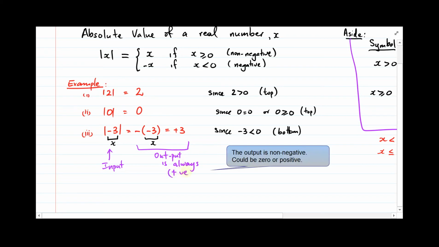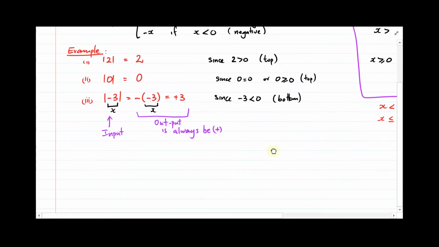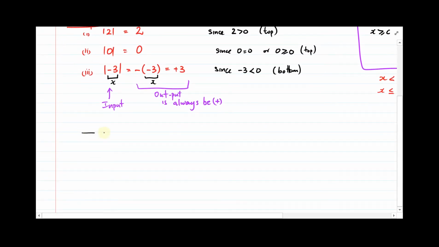Shorthand would be a plus sign. So coming out of this absolute value, we always end up with a positive number. We can ask, well, what good is this? What's the meaning? Well, let's look on a number line.